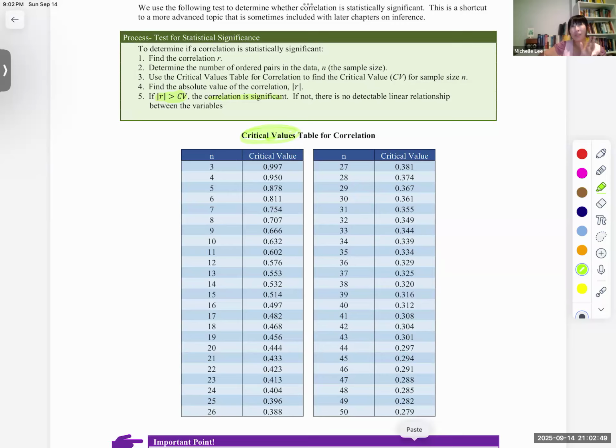This means there is enough sample evidence to conclude there is a linear relationship between two quantitative variables. If not, there is no linear relationship between two quantitative variables. So we remember only one thing: R is greater than the critical value. Okay? All right.